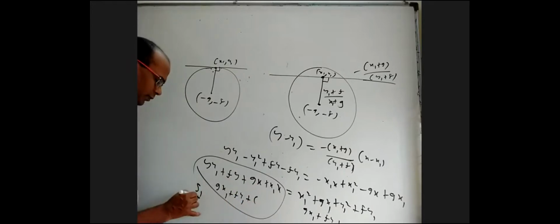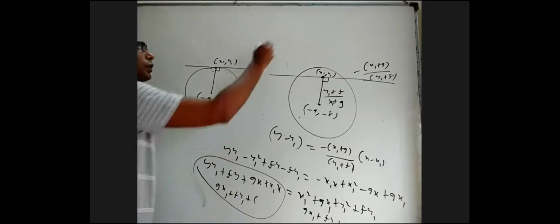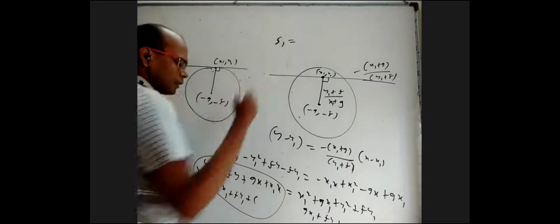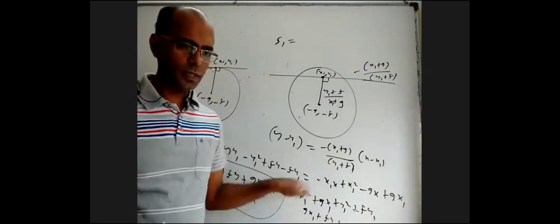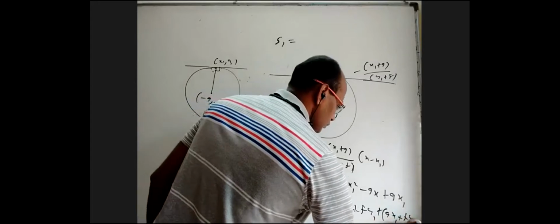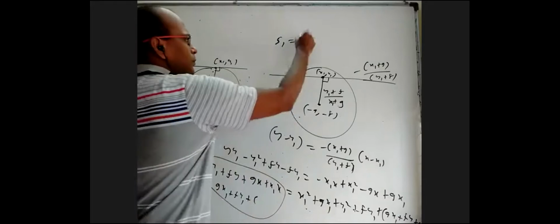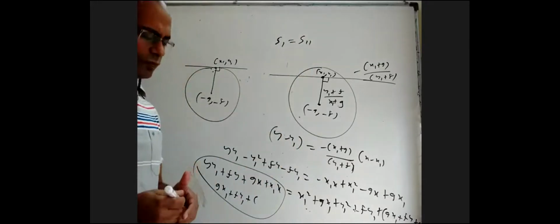So this is S1. Here, x1 square plus y1 square plus 2g x1 plus 2f y1 plus c. Everything is there. I'm adding both sides g x1 plus f y1 plus c. That is S11.